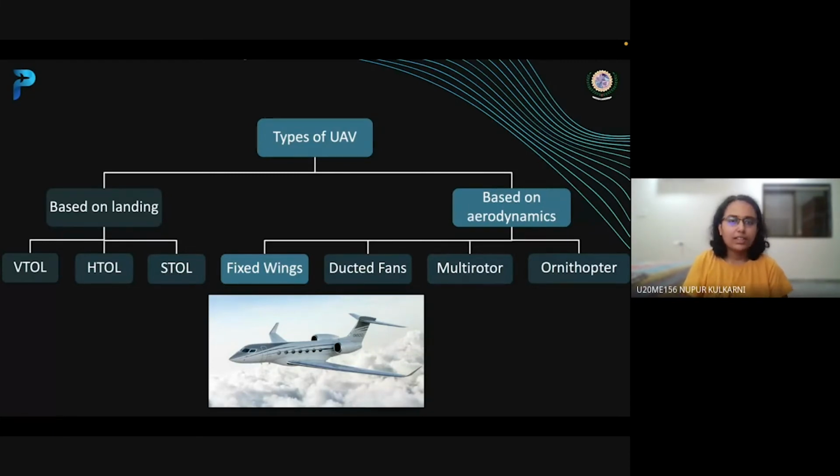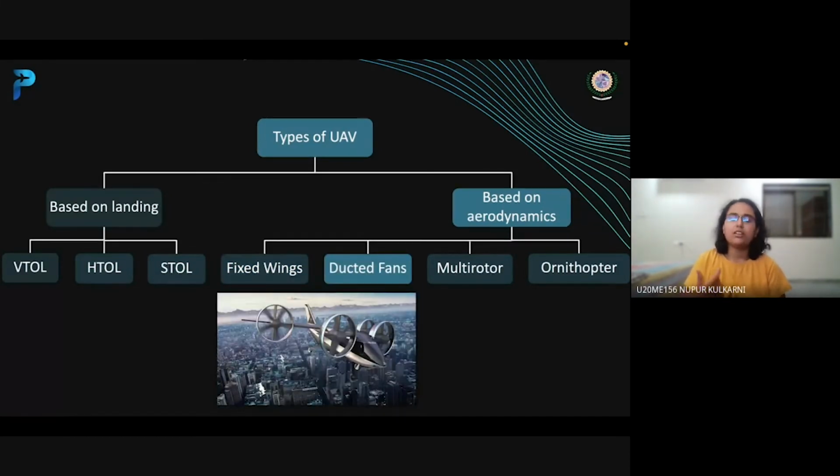Next, we have ducted fans. In ducted fans, the propellers are ducted inside a cylindrical body, and they provide a greater amount of thrust. So most aircraft where more thrust is required and it is feasible to implement the ducted fan concept can use this.